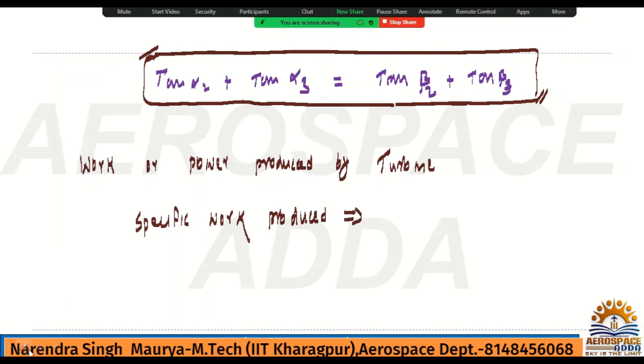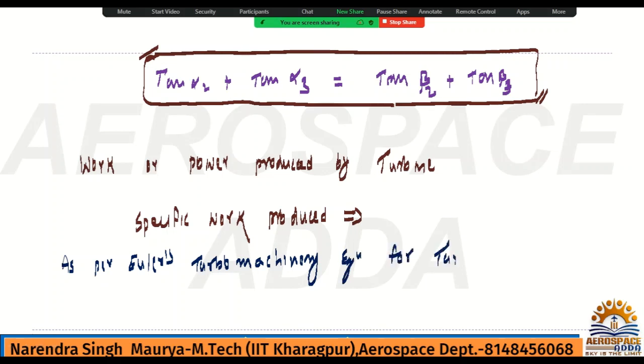As per Euler's turbomachinery for turbine, W is equal to U times CT2 plus CT3.